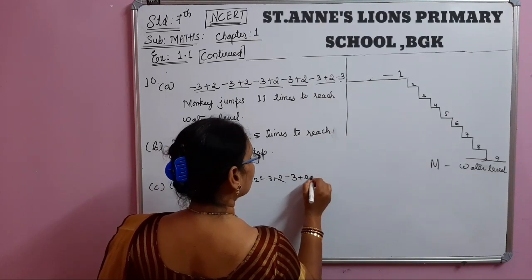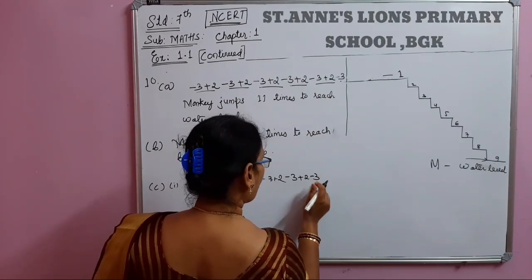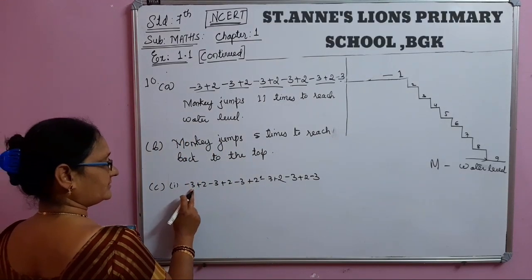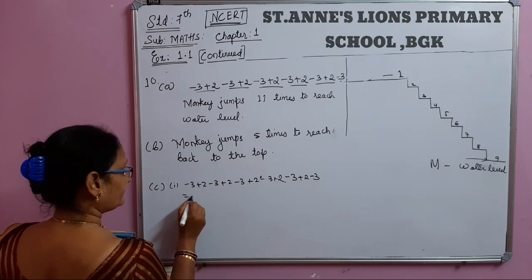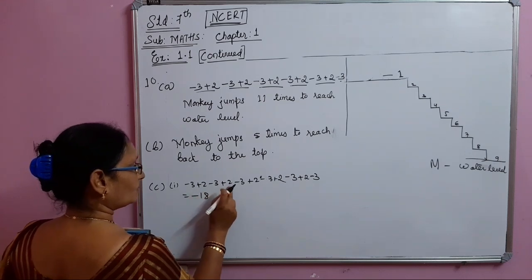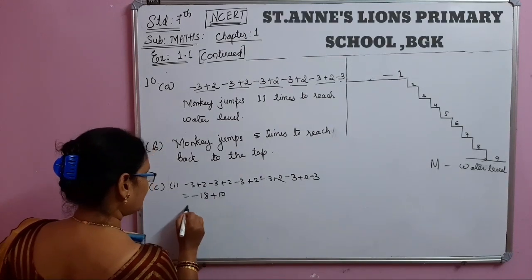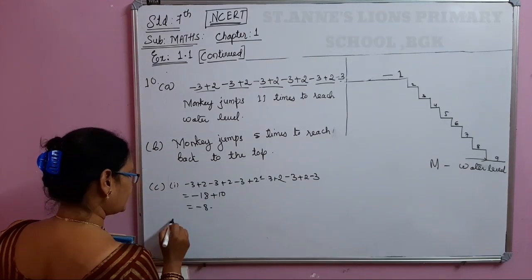Plus 2 -3. See, 1, 2, 3, 4, 5, 6 is 18, -18. 1, 2, 3, 4, 5 plus 10, that is the answer is -8.